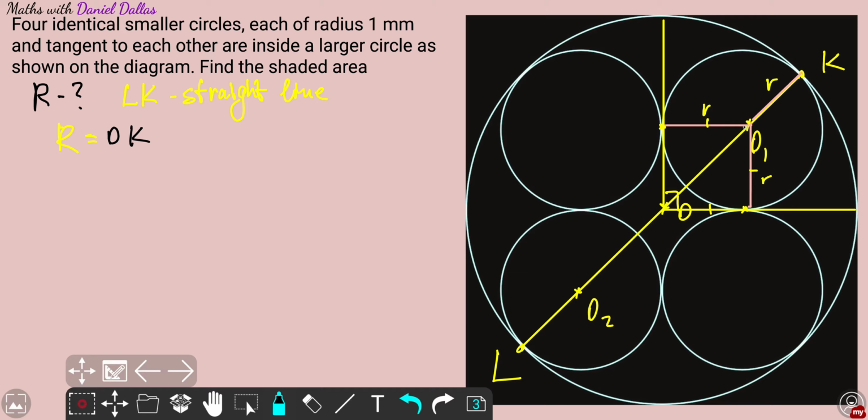But OK in this way consists of OO1 plus O1K. O1K is the radius of the smaller circle, while OO1 is the hypotenuse of the right angle triangle, which can be calculated through the triangles.